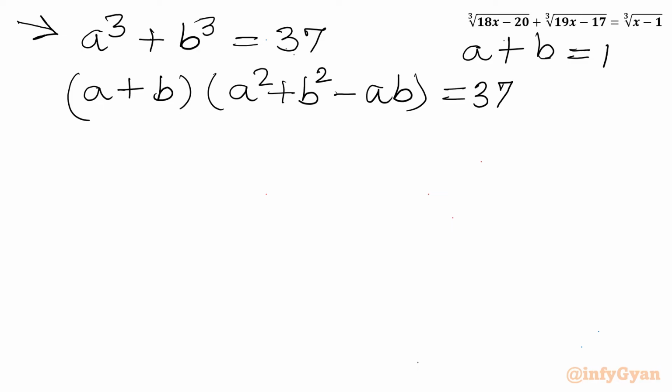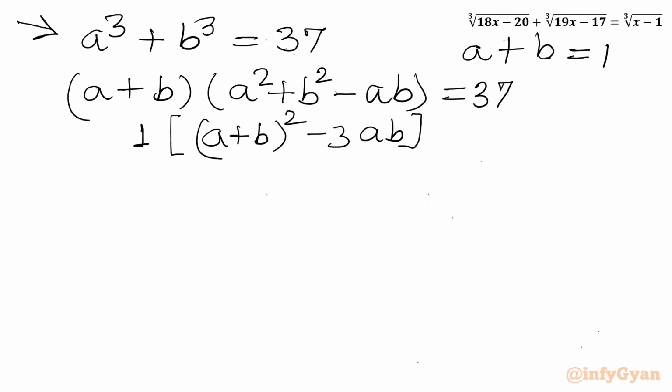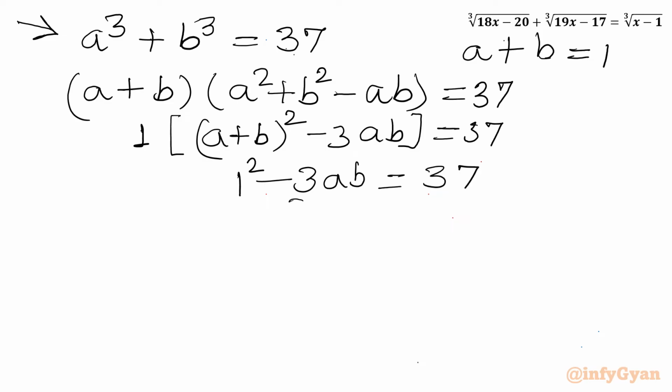Let us write a plus b equal to 1, and here a square plus b square we can write as (a plus b) whole square minus 2ab, minus ab, so let me write minus 3ab, equal to 37. Or I can write (a plus b) whole square is 1 square, minus 3ab equal to 37. So 3ab will be equal to negative 36. So ab will be equal to negative 12.